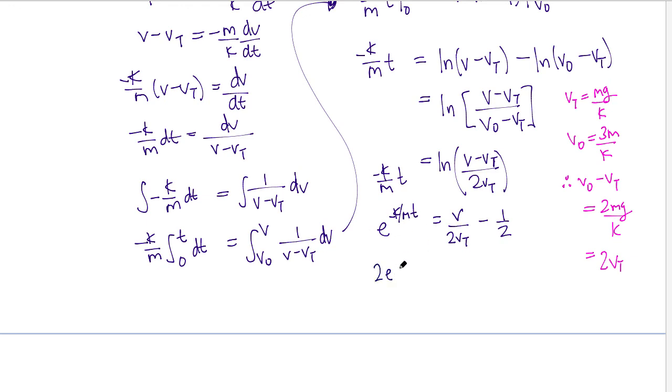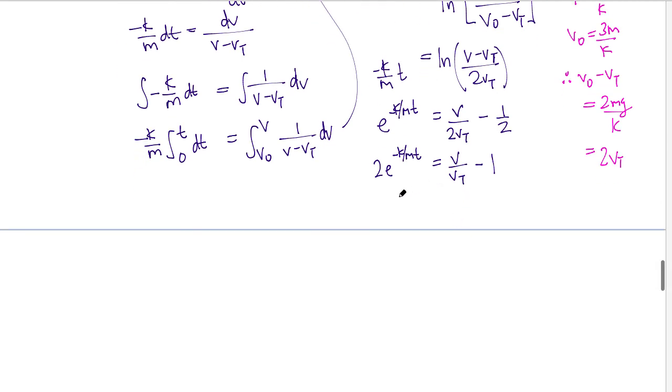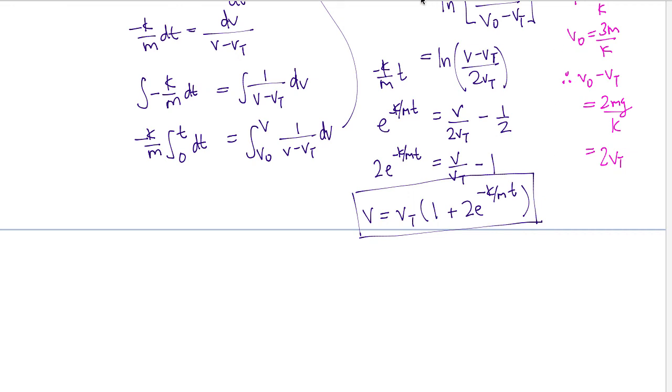We end up with 2 times e to the negative k over m t, which is equal to v over vt minus 1. So now we're just solving for v at this point. So I'll add 1 to both sides and then multiply both sides by vt. So my velocity is going to be vt times 1 plus 2e to the negative k over m times t. And this is actually our velocity function that we're looking for in the end.